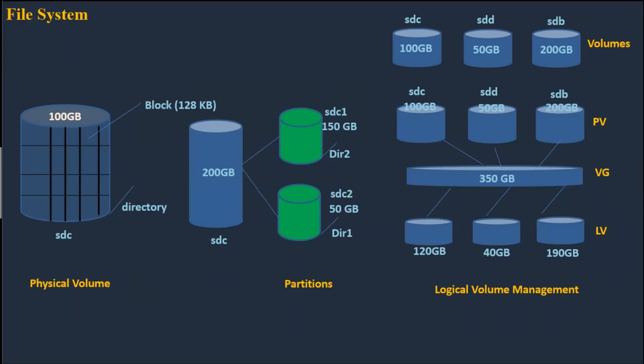They could be any size, right? Combiningly, you are creating your own required logical volume size, and that logical volume will be formatted and created as a file system. That way, I can create a file system of 120 GB, 40 GB, 190 GB as well, though there is no physical volume available behind the scenes meeting your criteria, right? So that is the logical volume management concept.